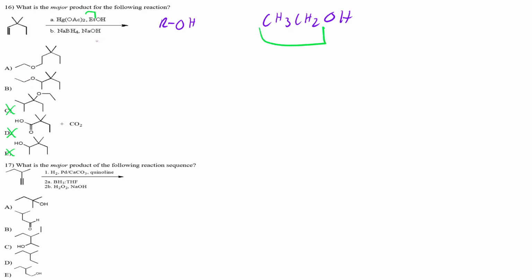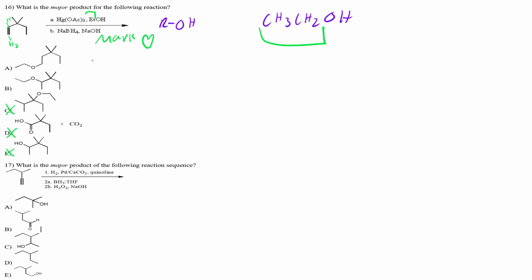Well, we follow Markovnikov's rule. Markovnikov favored. I'm not going to show the reaction again because that's just a pain. But when we follow Markovnikov's rule, we say that this has 2 hydrogens and this has 1 hydrogen. Our hydrogen wants to be with its friends, so it's going to be with the 2 hydrogens.